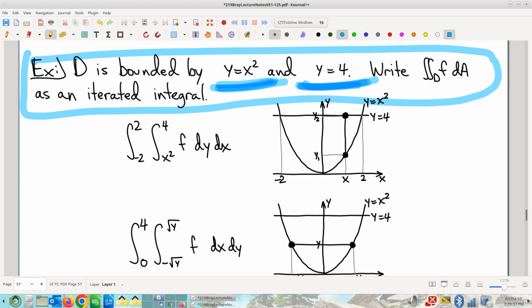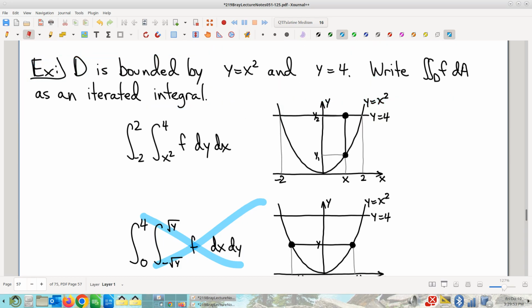Simply seeing that I don't want to have to solve for x tells me I'm not going to put dx on the inside. Does that make sense? I think it's a really good rule of thumb. I do this all the time. This is one of my primary guides to how to make good decisions on which way to slice.